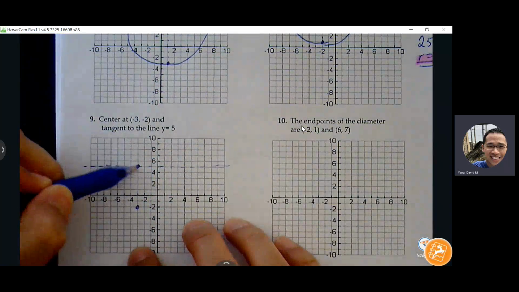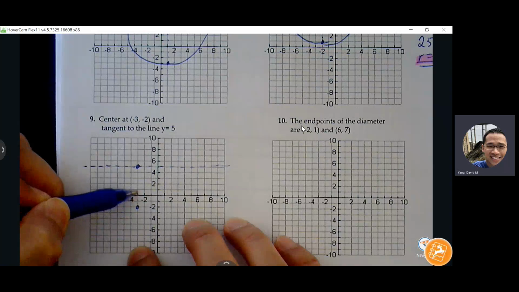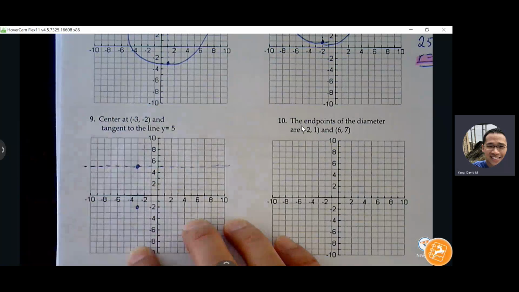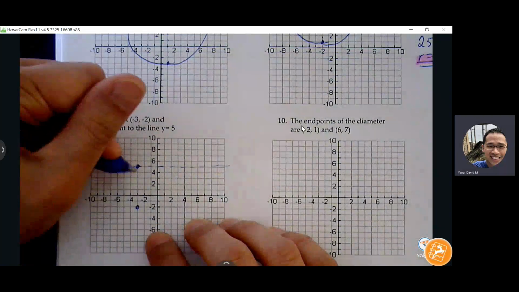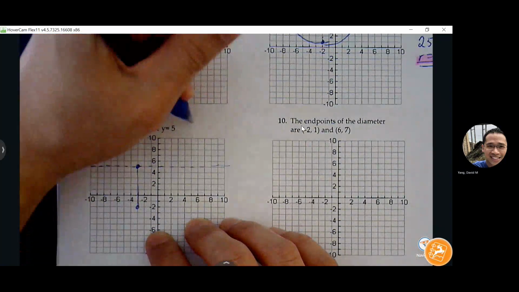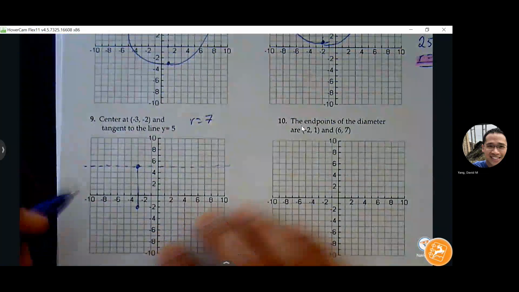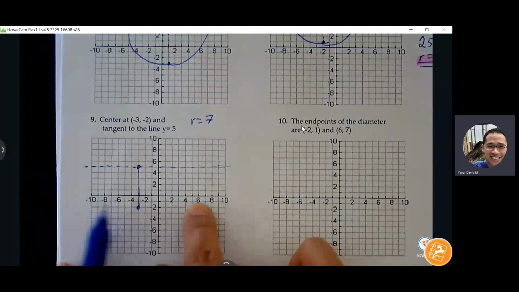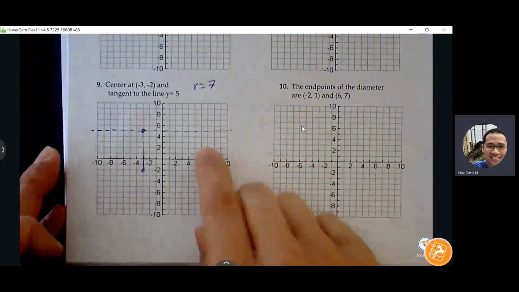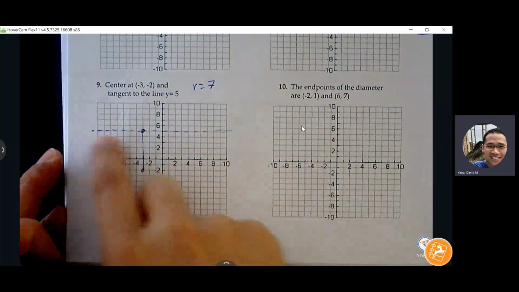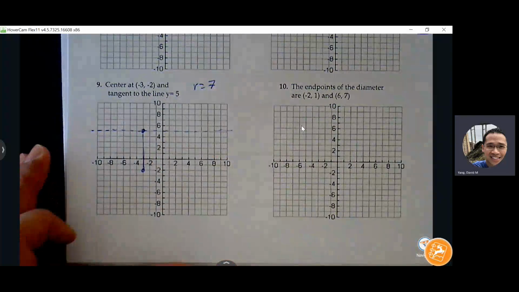If I just count it to get my radius here, 1, 2, 3, 4, 5, 6, 7. Right? So my radius is 7. So that means I can count from the center 7 units in the other directions as well, and I can create a circle that's going to skim the surface of y equals 5.